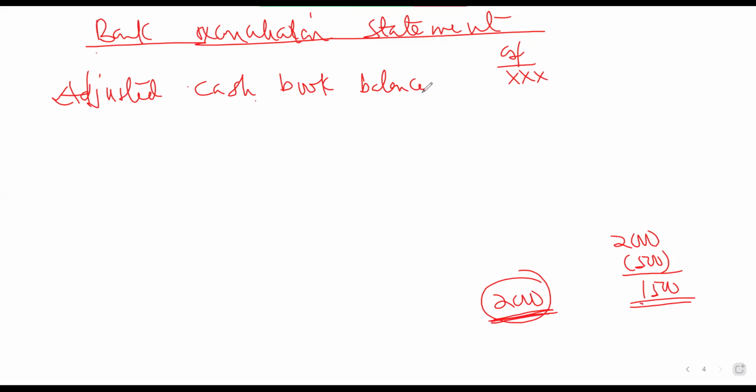How do you make your bank balance to now be 2,000? Your cash book balance for the bank should now be 2,000. How do you make it the same as the bank statement balance of 2,000?